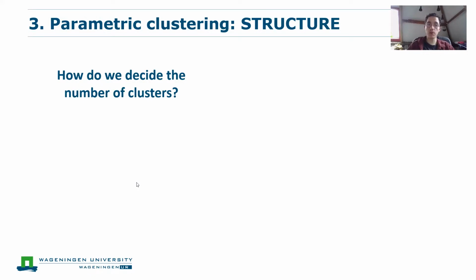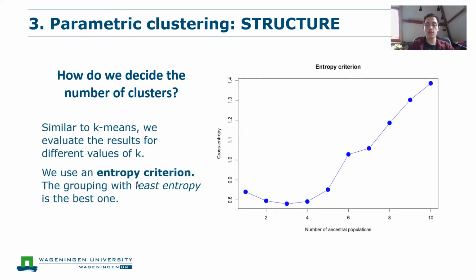To do that, the program we're going to use uses a parameter called the entropy criterion, and basically you need to look for the number of ancestral populations with a smaller entropy criterion.